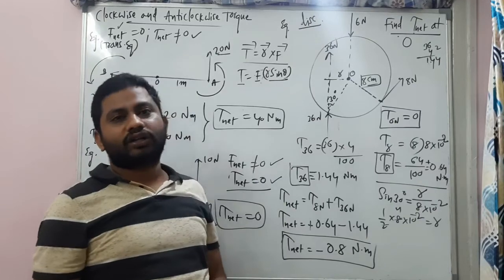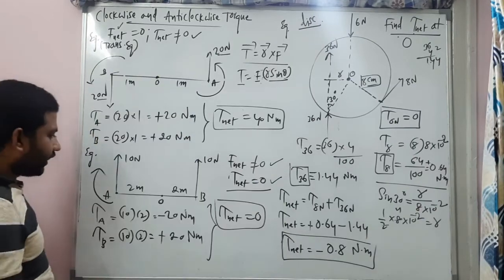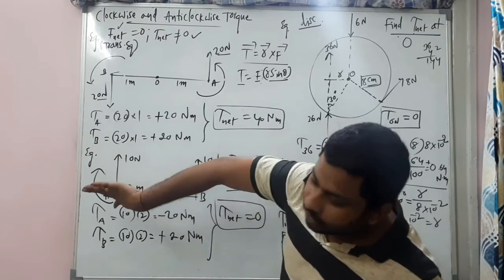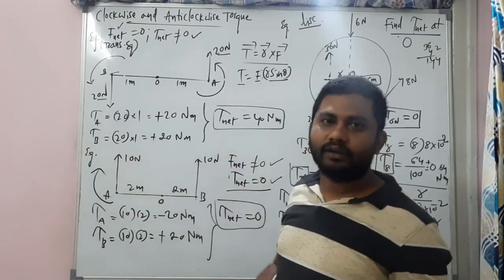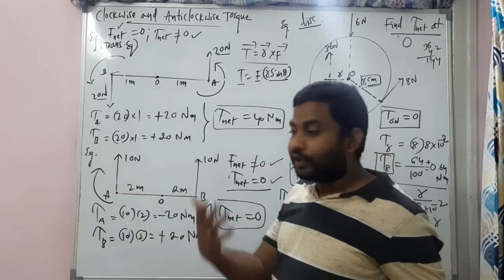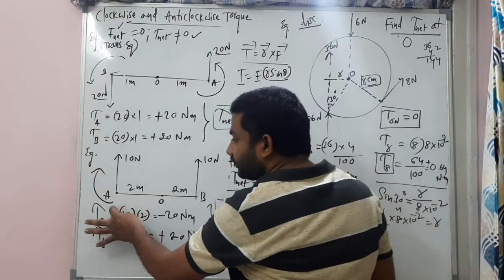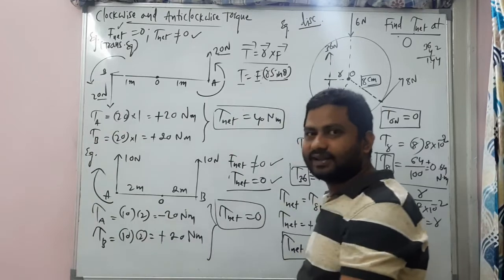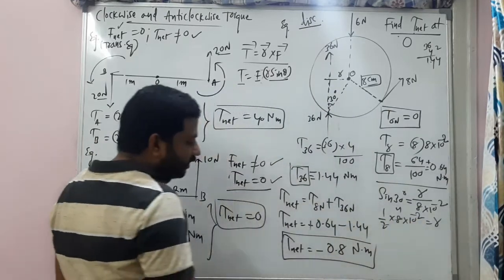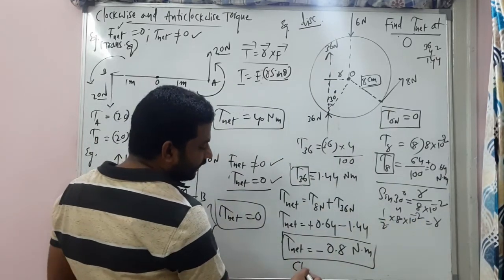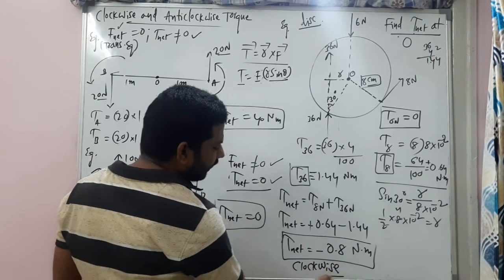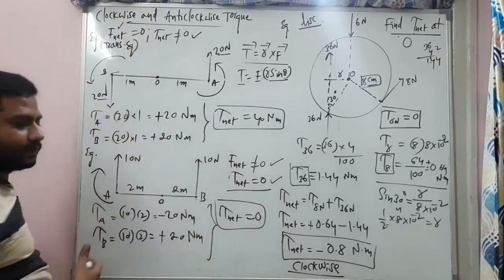When will the net torque be into the plane? R bar cross F bar into the plane, so torque is negative. Torque is negative, which means the direction of motion of this disc is clockwise. Whenever you get negative torque, the direction of motion is clockwise. That's what we have discussed here.